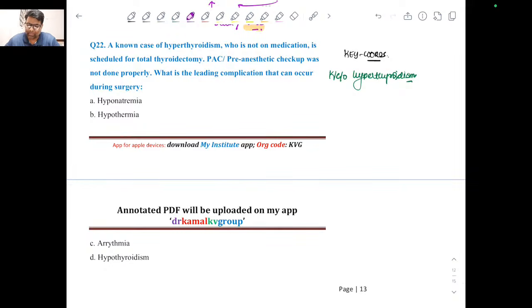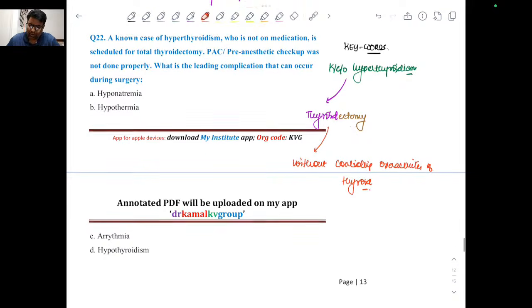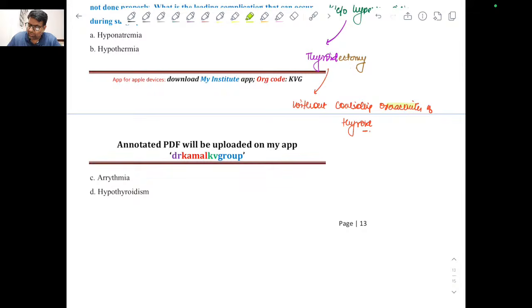Overactivity of thyroid gland, and is taken for thyroid gland removal, that is thyroidectomy. And what mistake has been done? Without controlling overactivity of thyroid, right? So very good. So overactivity of thyroid is not controlled and the patient is taken for surgery.